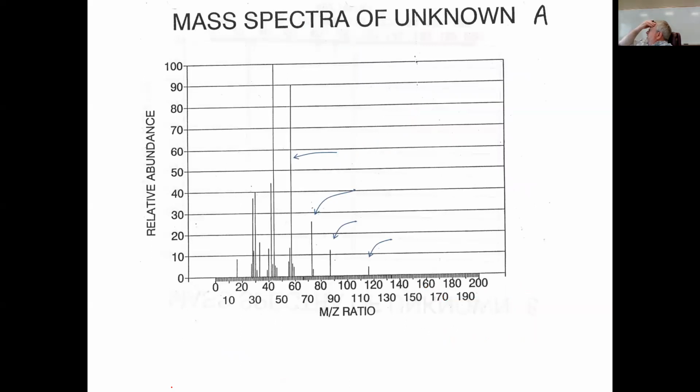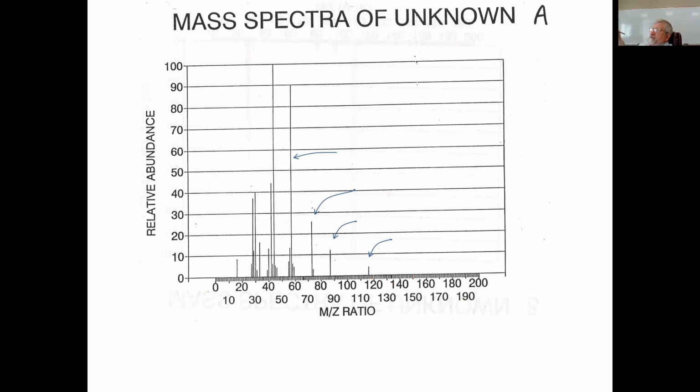Okay, let's look at a couple of spectra, and we'll get to isotope peaks in just a little bit. Now here's a mass spectrum. It looks fun. You see there's a lot of fragmentation, and it's possible this is a molecular ion peak right here. And usually the molecular ion peak is going to be the biggest, the furthest, right?